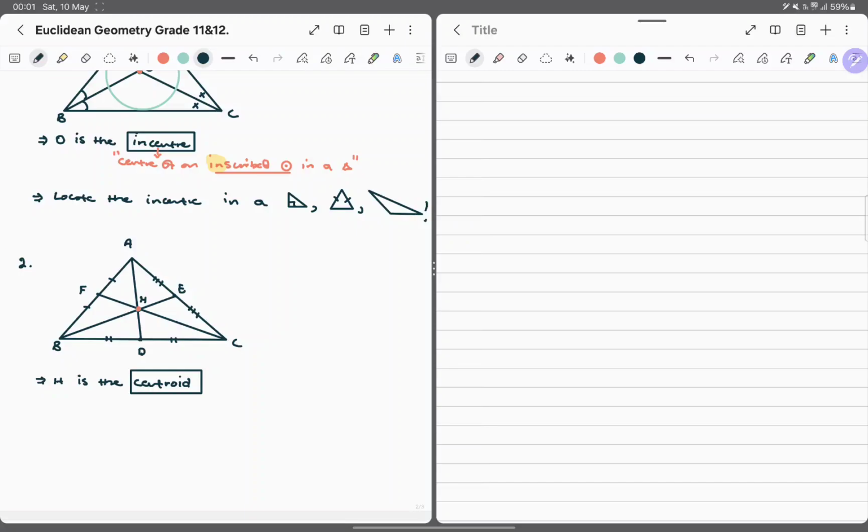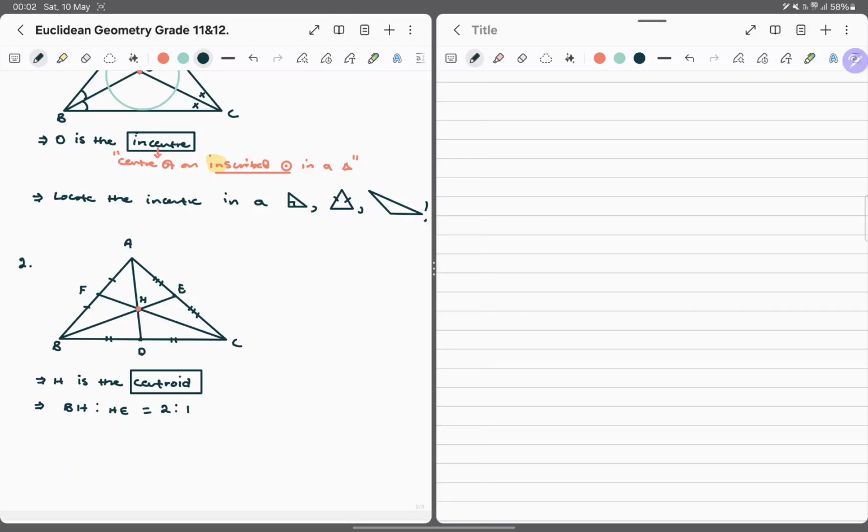But there's more. This would also imply that if we look at BH is to HE, BH is to HE is going to be 2 is to 1. Very important to notice.